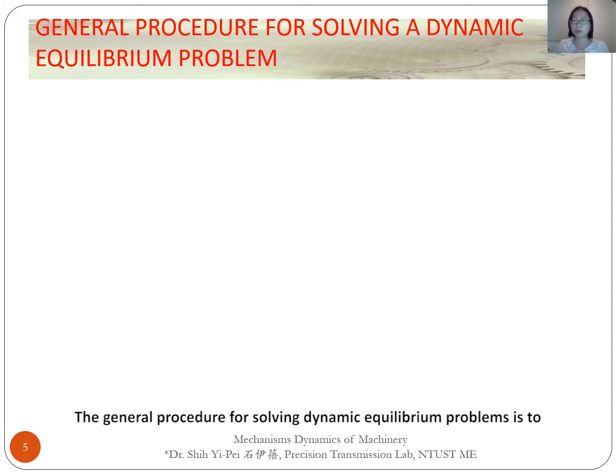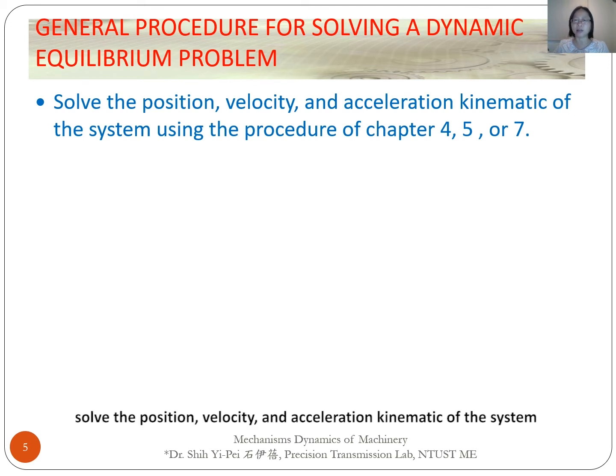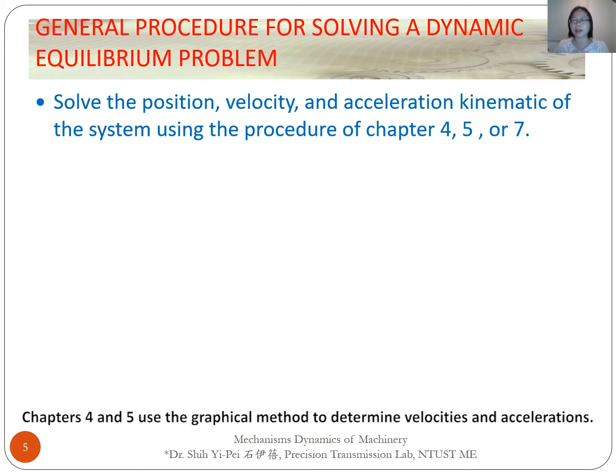The general procedure for solving dynamic equilibrium problems is to solve the position, velocity, and acceleration kinematics of the system using the procedures of Chapters 4, 5, or 7 to obtain the acceleration of all the bodies with significant mass and get the angular acceleration of all the bodies with significant inertia. Chapters 4 and 5 use the graphical method to determine velocity and accelerations.